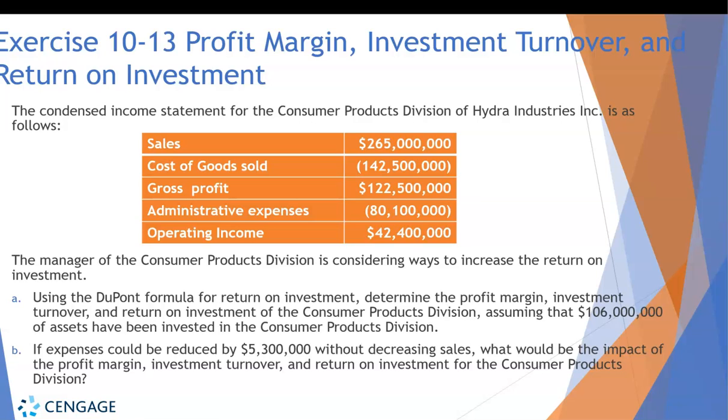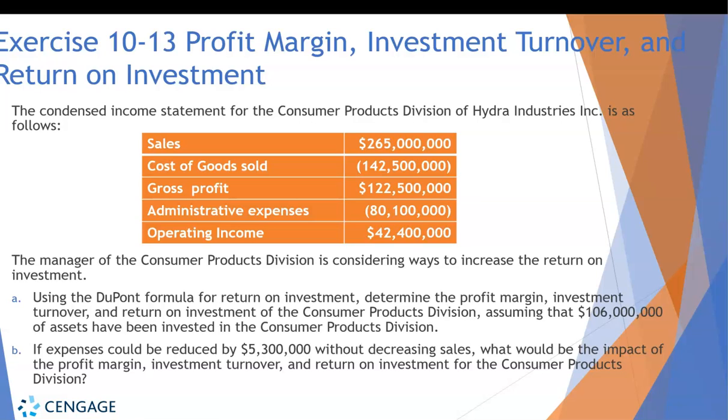We're looking here at income statements of the Consumer Products Division. The manager of the Consumer Products Division is considering ways to increase the return on investment. So we're going to use the DuPont formula for return on investment and determine the profit margin, investment turnover, and return on investment of the Consumer Products Division, assuming that $106 million of assets have been invested in the Consumer Products Division.